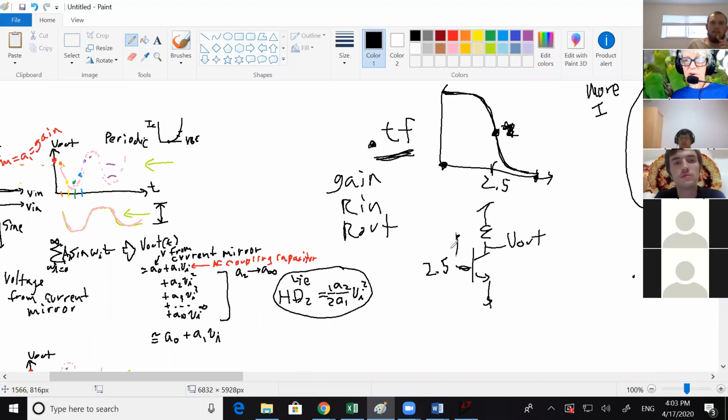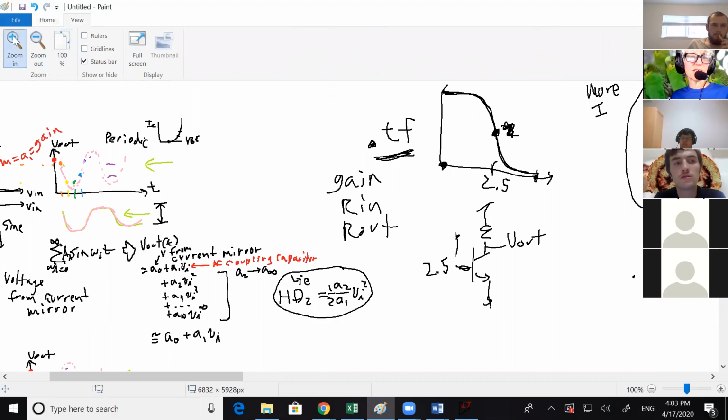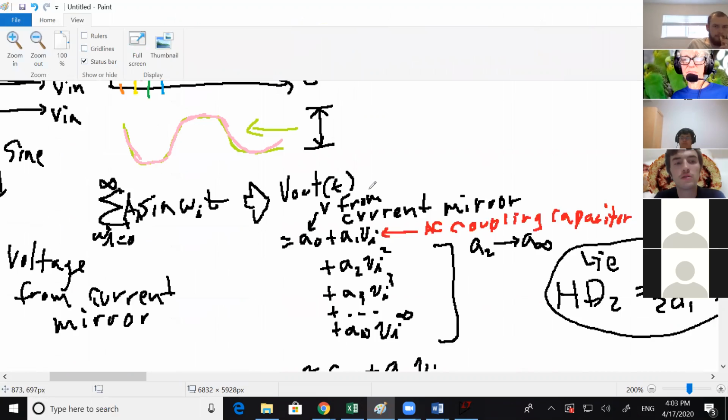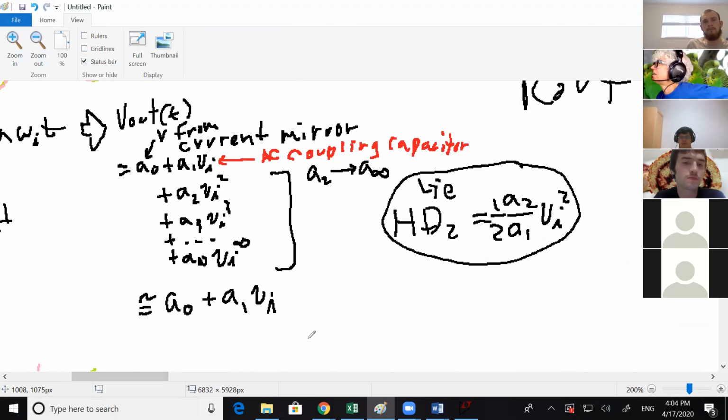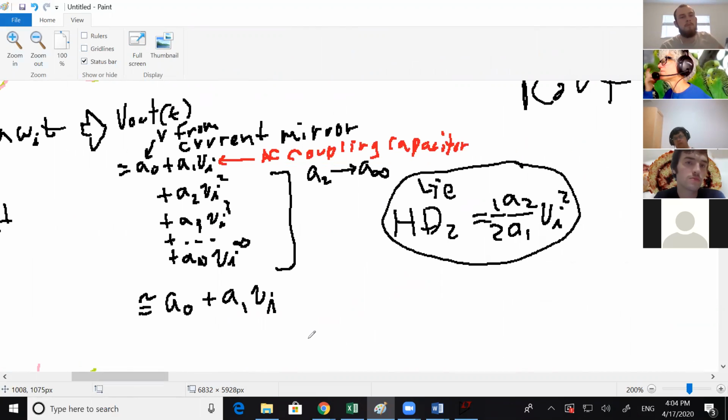But that reminds me, I forgot about just one last thing. You can go if you'd like. I'm not much of a music person, but I think speakers have these specs. Maybe these headphones have these specs. Have you heard of second order harmonic distortion and total harmonic distortion?